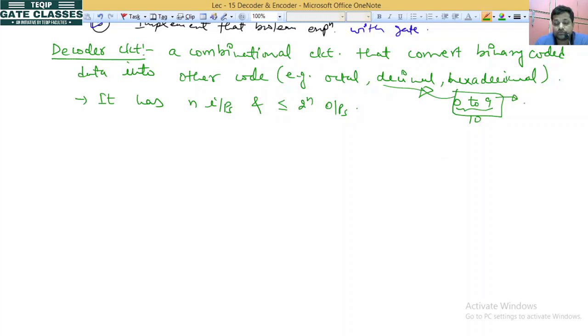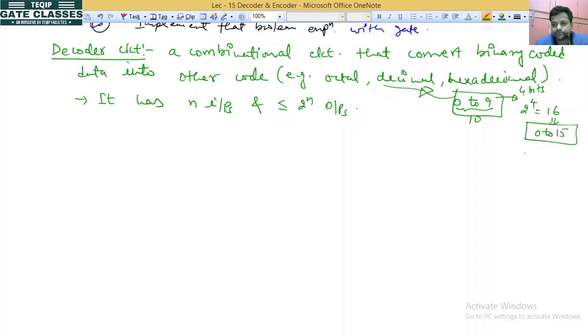So if you consider 4 binary bits, then how many combinations will be there? 2 to the power 4, that is 16 combinations, that will be 0 to 15.